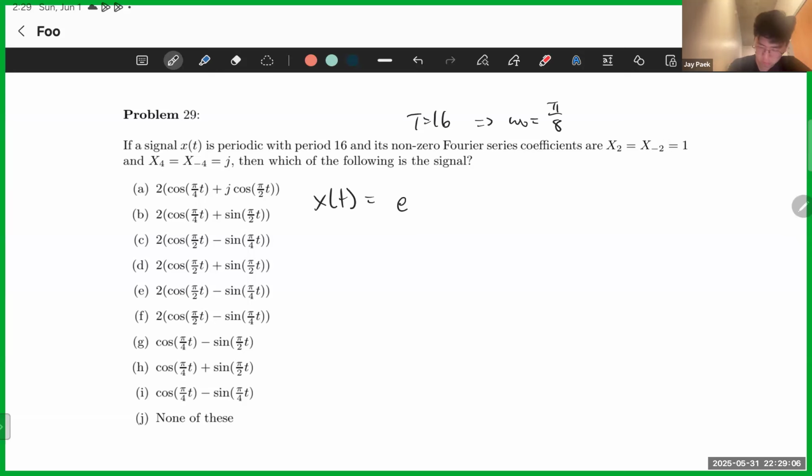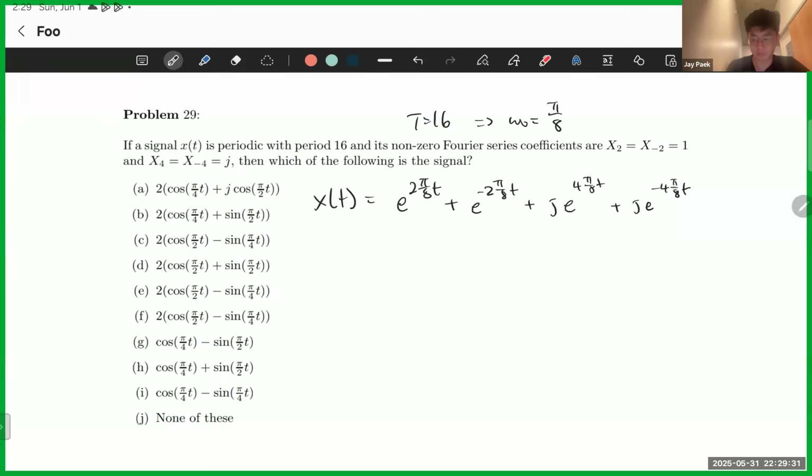2 pi over 8 t plus e to the -2 pi over 8 t plus j e to the 4 pi over 8 t plus j e to the -4 pi over 8 t.